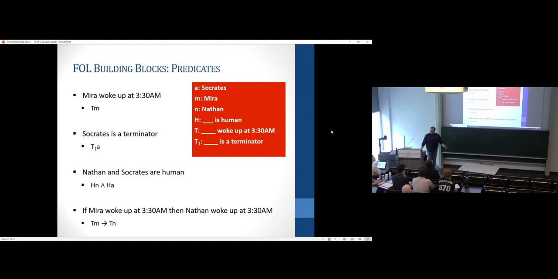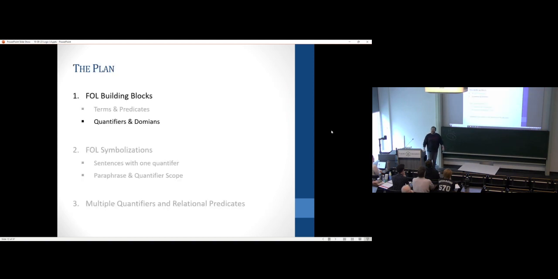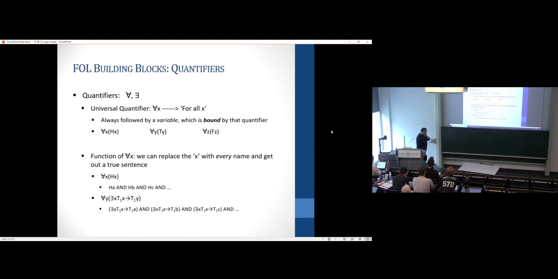Now, let's talk about quantifiers. All right. I've already suggested, with a little dancing around, that variables don't work exactly like names. And the way they don't work exactly like names has to do with the interplay with quantifiers. So, we have two quantifiers.